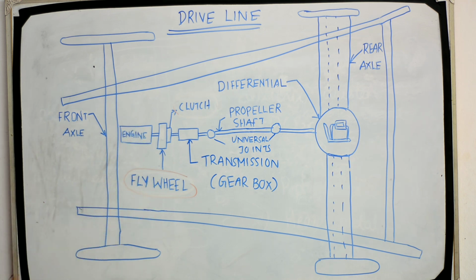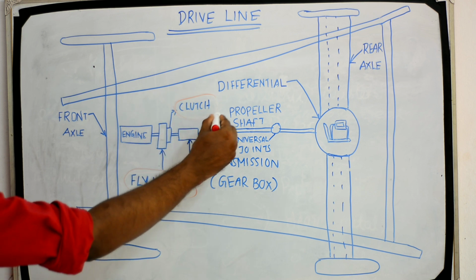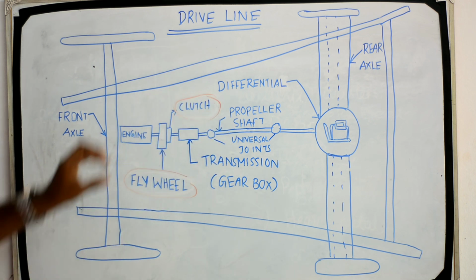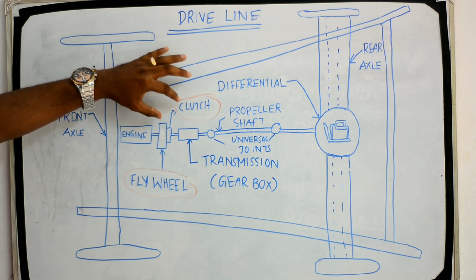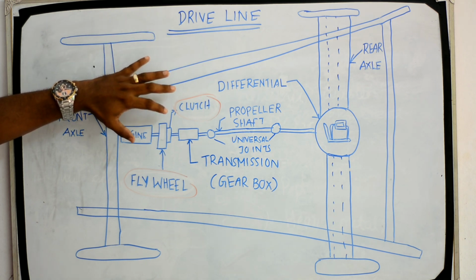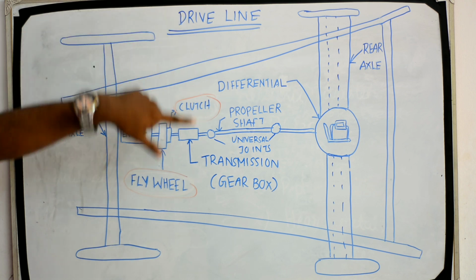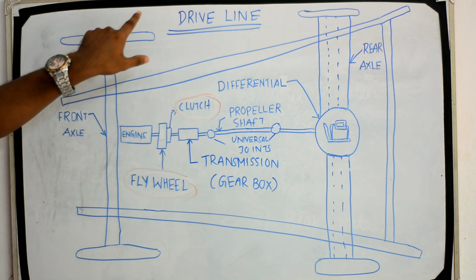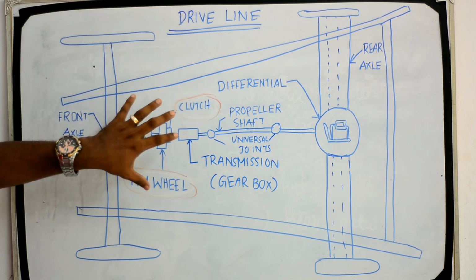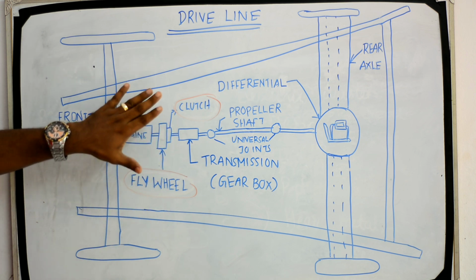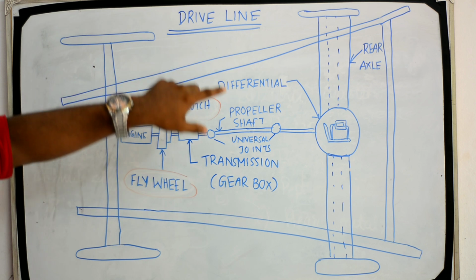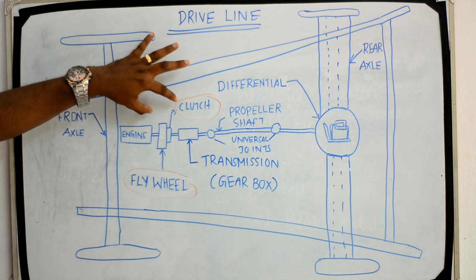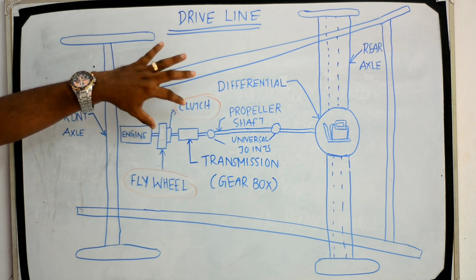Next we are going to discuss clutch. A clutch is a mechanical device that engages and disengages the power transmission from driving shaft to driven shaft. The power transmission, that is the main important point. The clutch is in engaged position while the vehicle is running.